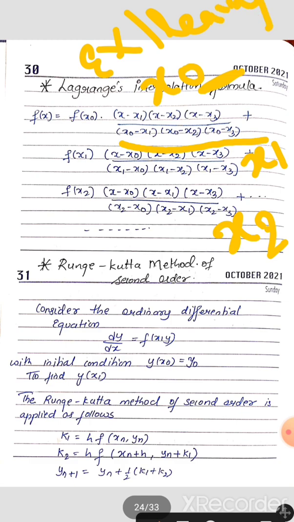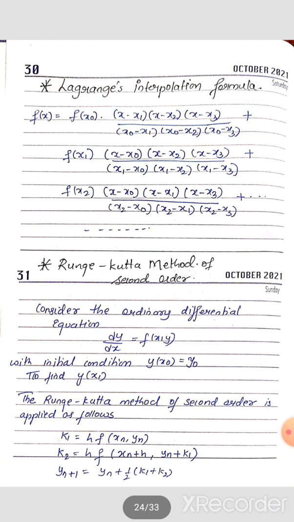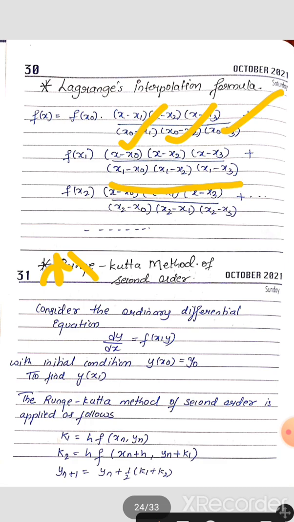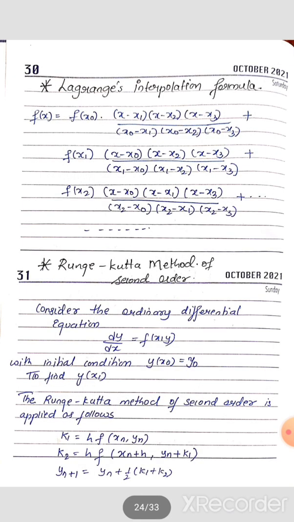For x minus x1, I have left x0. Similarly, for the second term with x1, I have started with x0, left x1 here, then x2, x3. But in the bottom we write x1 minus x0, x1 minus x2. Similarly, so on up to the end, you can write the Lagrange interpolation formula.